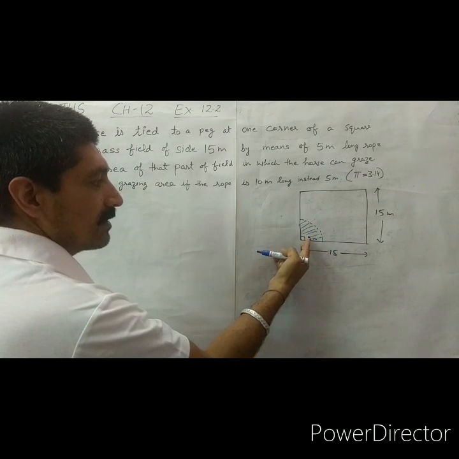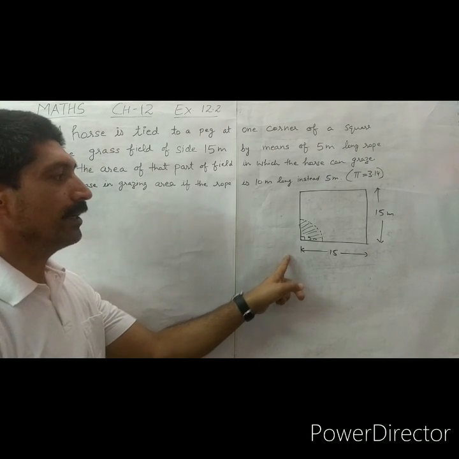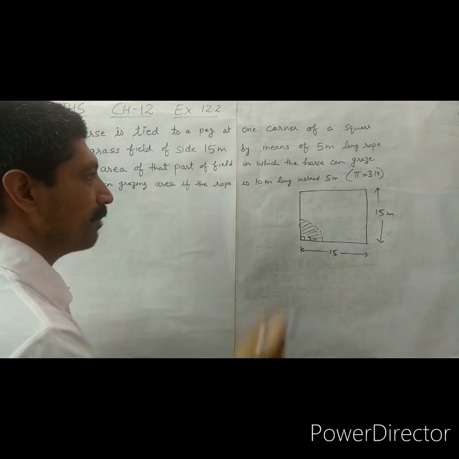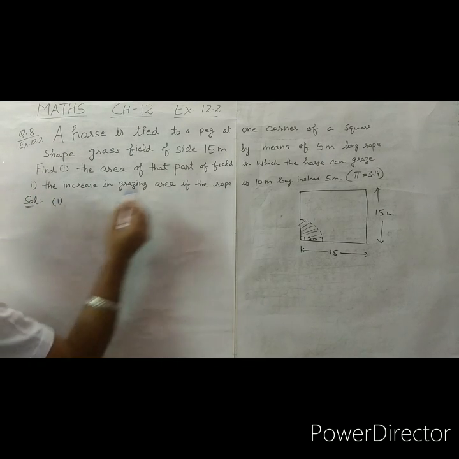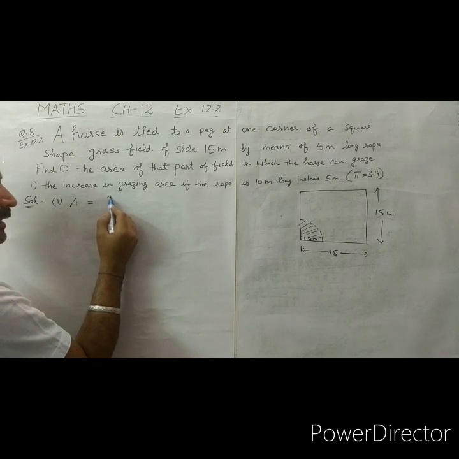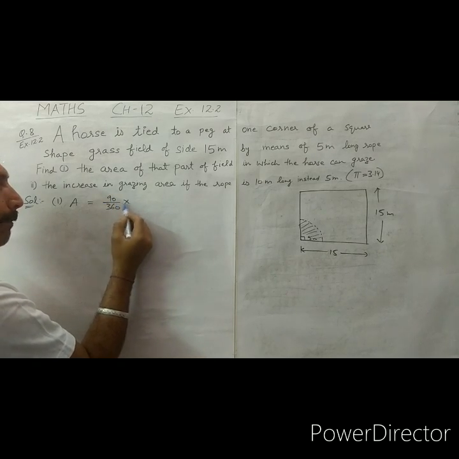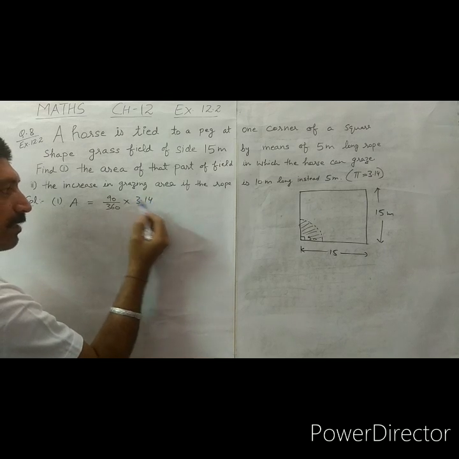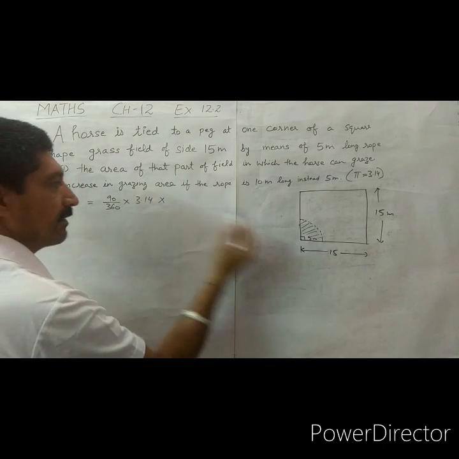So here, this is the quadrant. Theta is 90 upon 360, that is 1 by 4 pi r square. Pi is 3.14. So the first part, the grazing area, is equal to 90 upon 360, that is 1 by 4, pi is 3.14, and r in this case is 5.